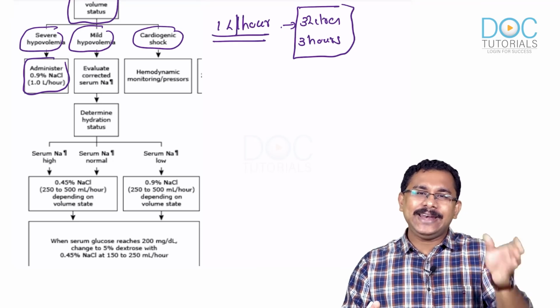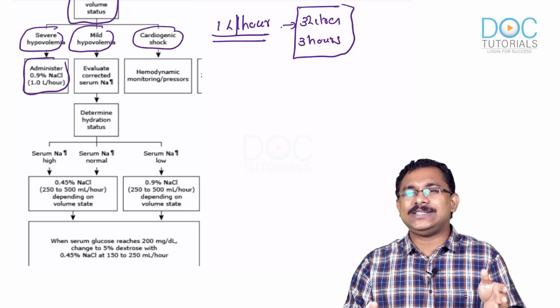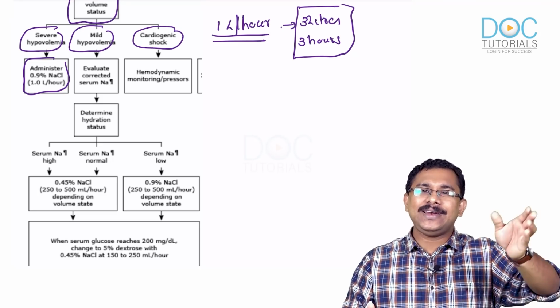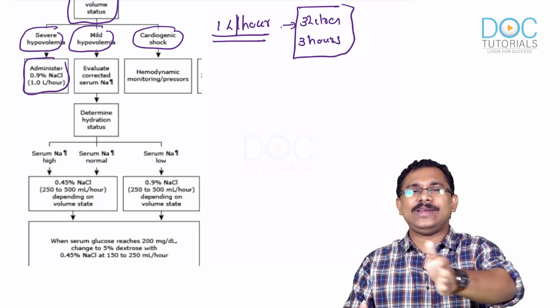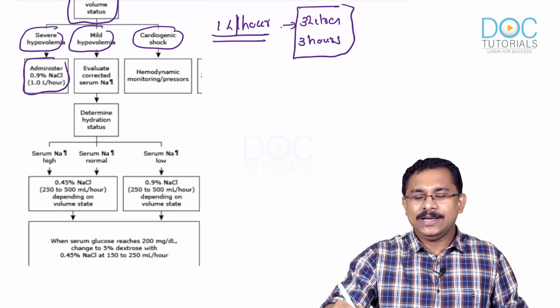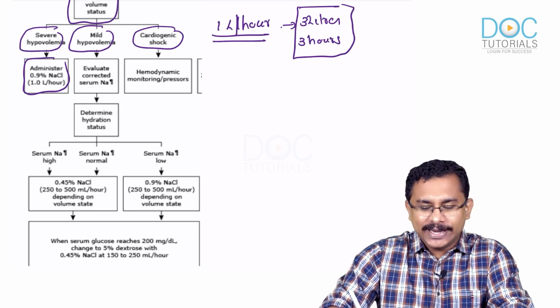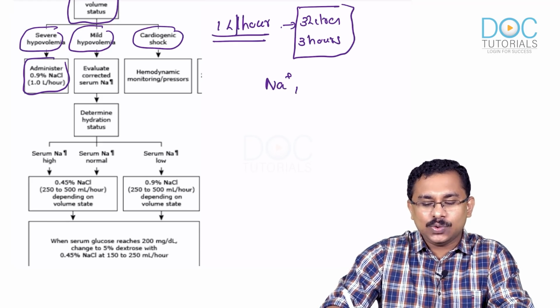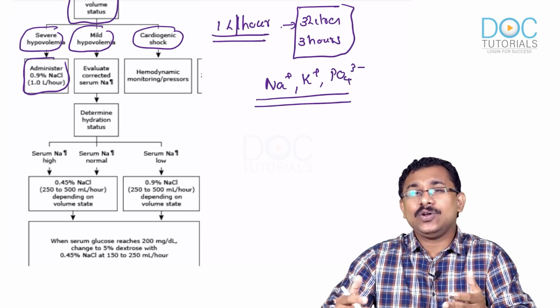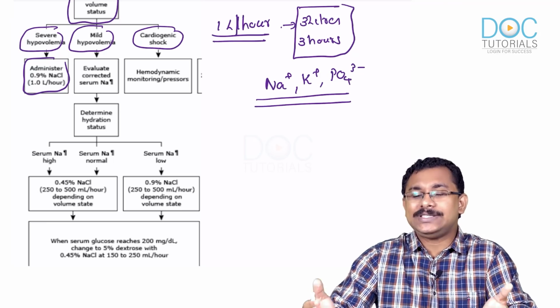So just because at admission the sodium level of the patient is 124 milliequivalents per liter, doesn't mean that after starting fluid replacement and through the subsequent course, the sodium will be like that. It will keep on changing. Which is why you have got to check electrolytes like sodium, potassium, phosphorus periodically. Ideally, 2 hourly at least you should check them.